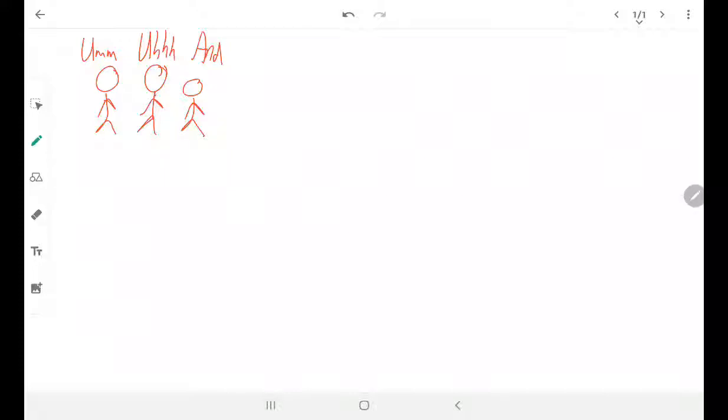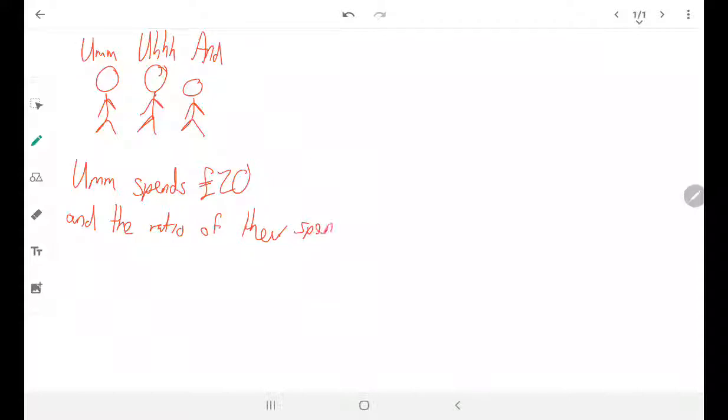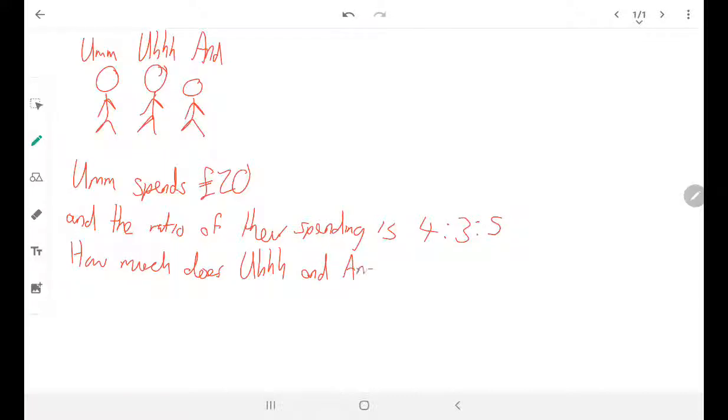And spends £20, and the ratio of their spending is 4 to 3 to 5. How much does each spend?